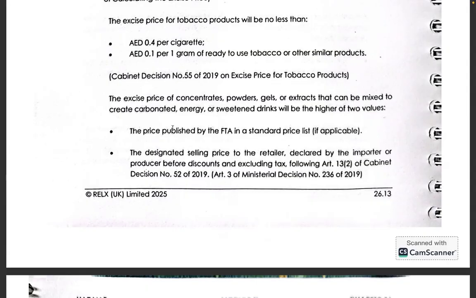Whichever is higher will become the excise price of concentrates, powders, gels, etc. The price published by FTA in a standard price list, if applicable, or the designated selling price to the retailer declared by the importer or producer before discounts and excluding tax, following Article 13, Clause 2 of the Cabinet decision.